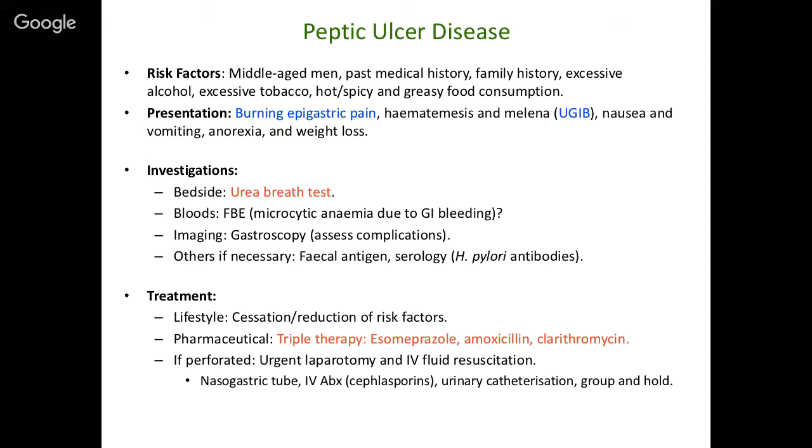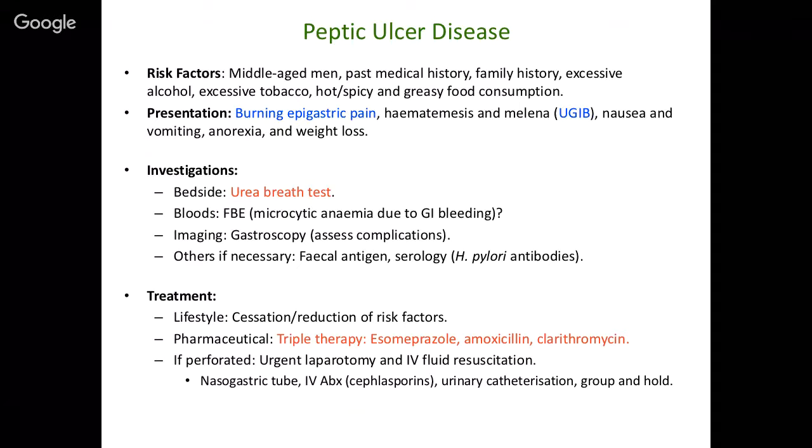Some people refer to quadruple therapy, where you can add bismuth chelate, which is one of those cytoprotective agents, essentially an agent that promotes gastroduodenal defense.